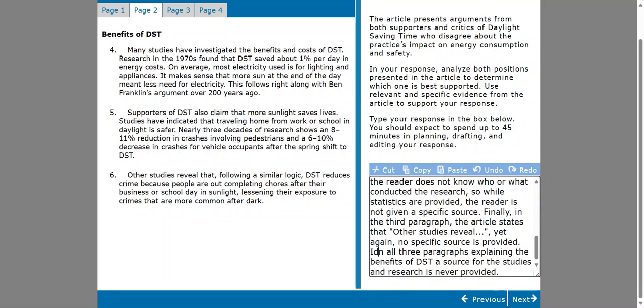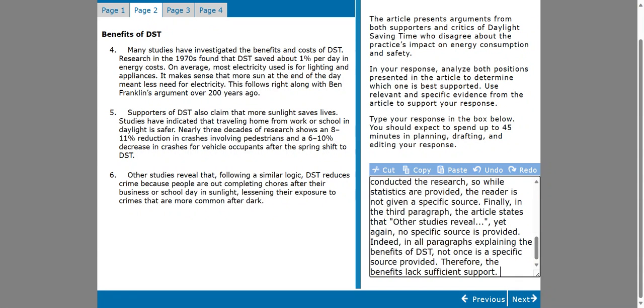And so I think I need a transition word here, right, writers? Indeed, in all paragraphs explaining the benefits of DST, not once is a specific source provided. And so basically, what I'm saying is to determine which one is best supported. And so I'm essentially saying, therefore, and so essentially, I'm making my argument here.